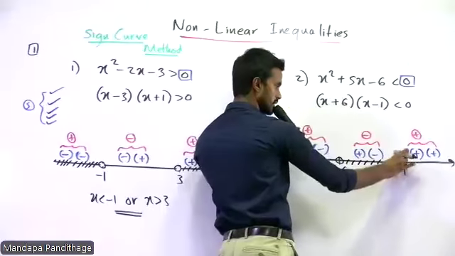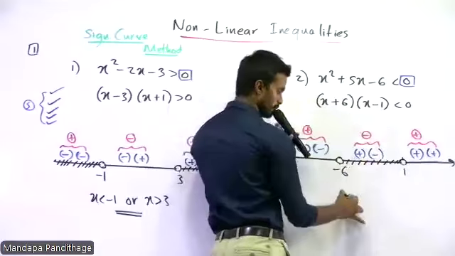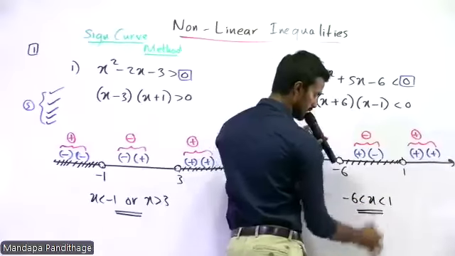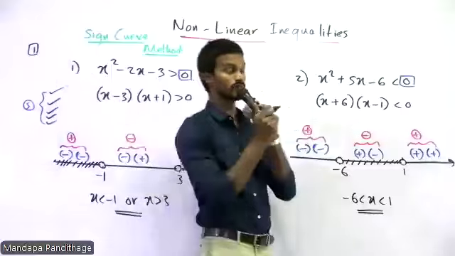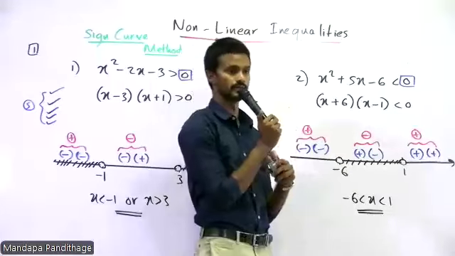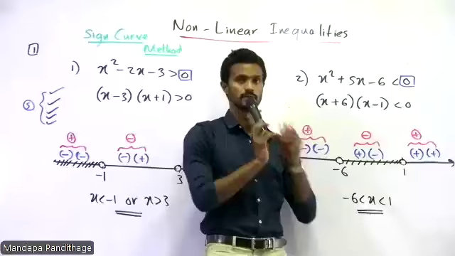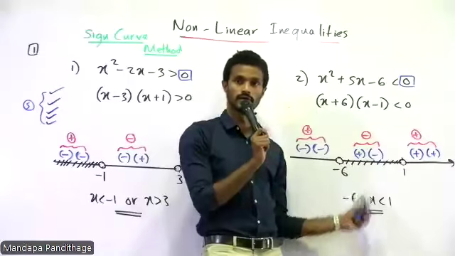That is the answer of the inequality. So this expression becomes negative when x is greater than minus 6 but less than 1. This is what we consider as the sine curve method. If you follow the same steps, you can solve any nonlinear inequality within our syllabus. Hands up if you understood this one.